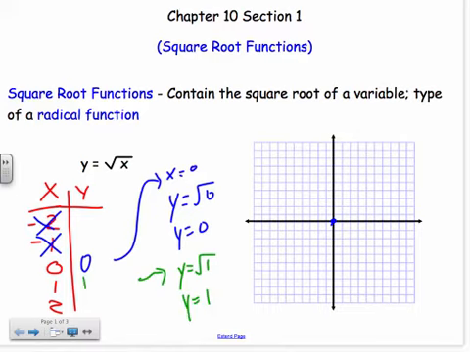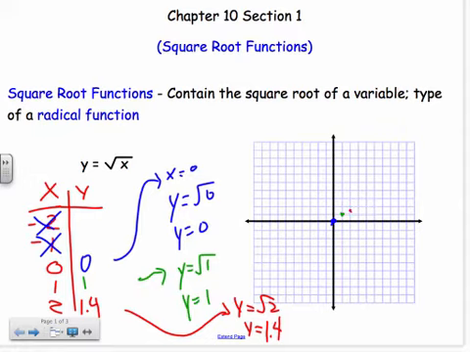So 1, 1. There we go. And I can also do when x is 2. Then y equals the square root of 2, which gives me a decimal of about 1.4. That one's kind of a gross one to graph. 2 and 1.4.